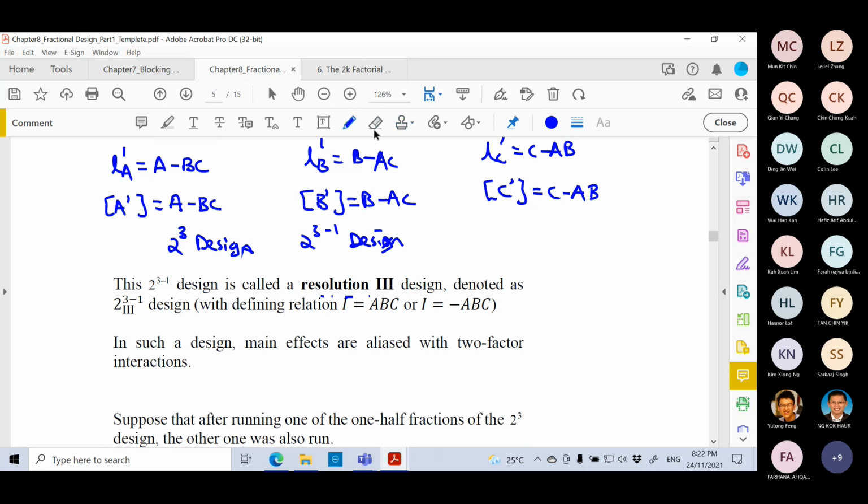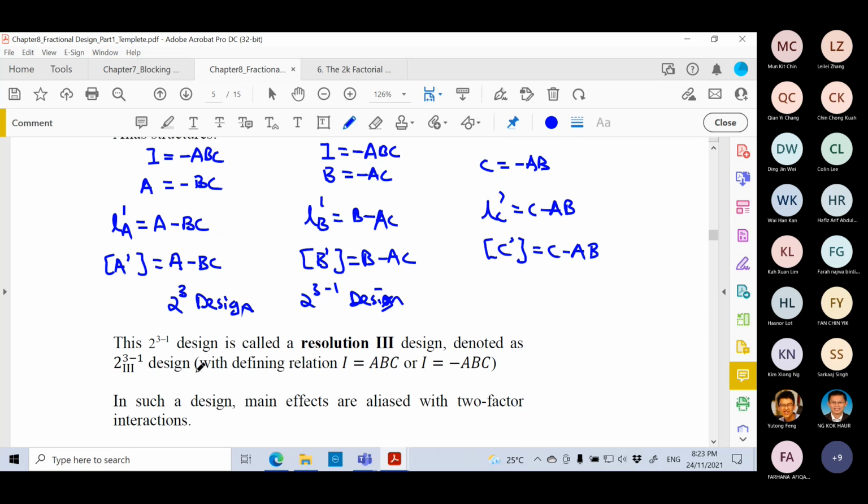So here I will let you know what restoration number 3 is. I will give you detail about the restoration; you have different restorations in the following parts. In this design, they call it restoration tree because the main effects are aliased with the 2-factor interactions. What that means is that we need to go back to the alias structure here.